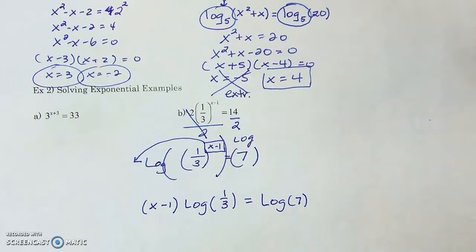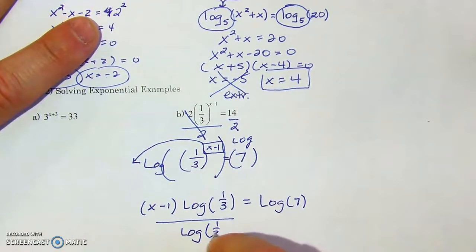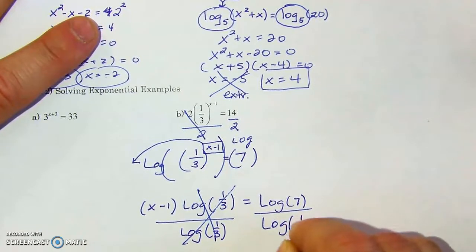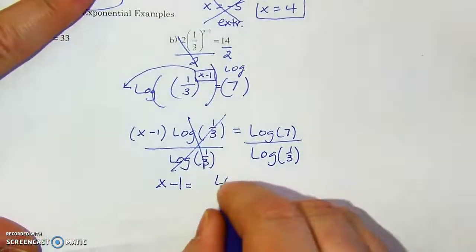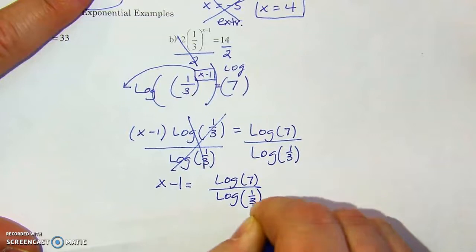All right. There's a lot of different algebraic ways you can think about this, but I would start looking to get x by itself by dividing both sides by the log of 1/3. I get x minus 1 equals log of 7, and that's base 10 since it doesn't actually exist, and that's fine.